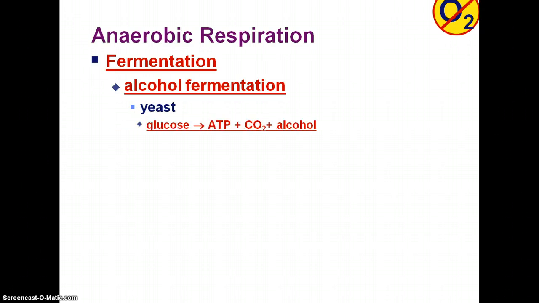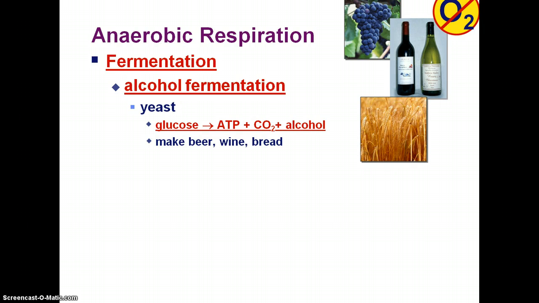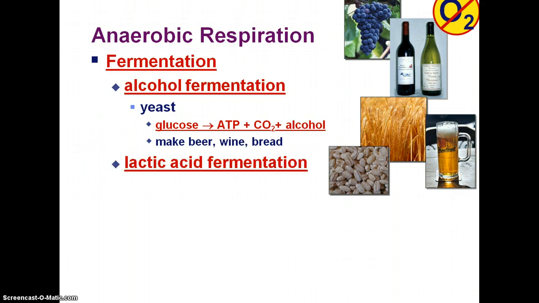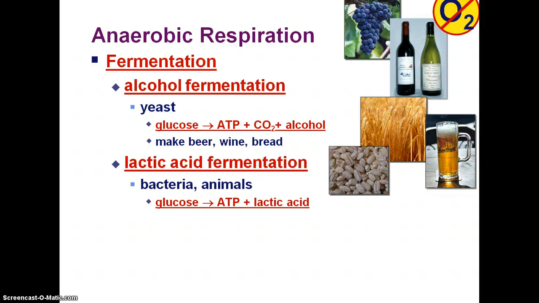Alcohol fermentation occurs in yeast, and this is where they convert glucose to ATP, carbon dioxide, and alcohol. We use this to make beer, wine, and bread. It all just depends where the sugars come from. Then lactic acid fermentation occurs in bacteria, and it also occurs in animals like you and me.